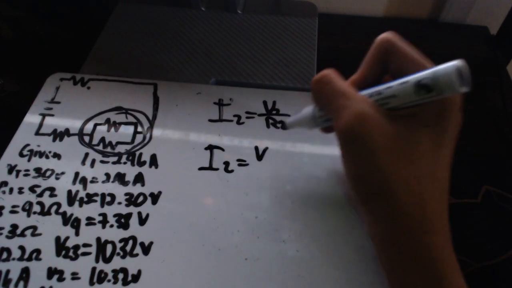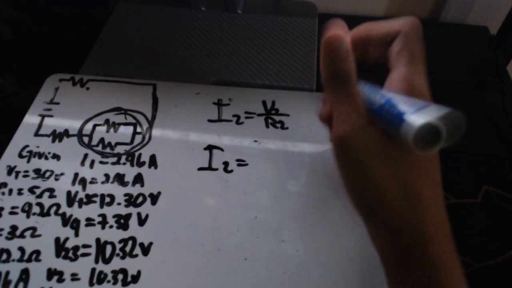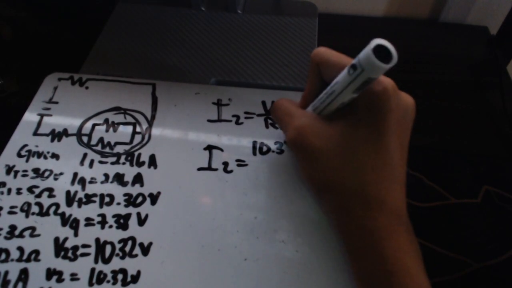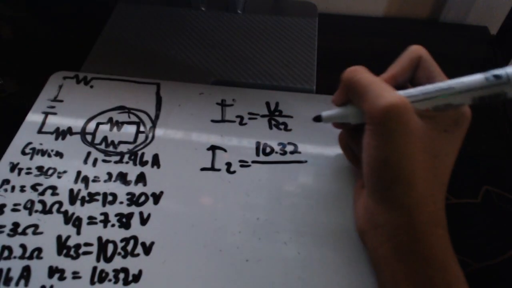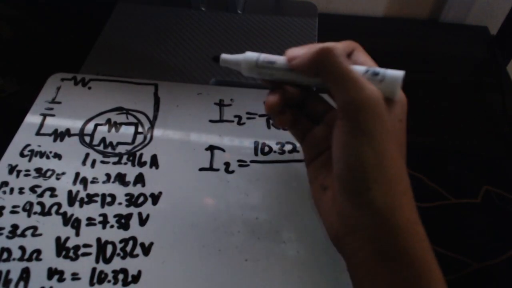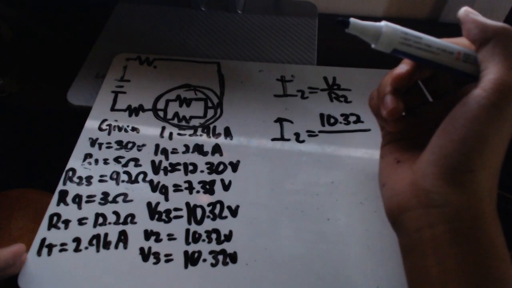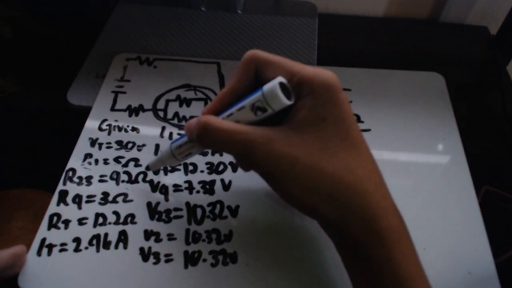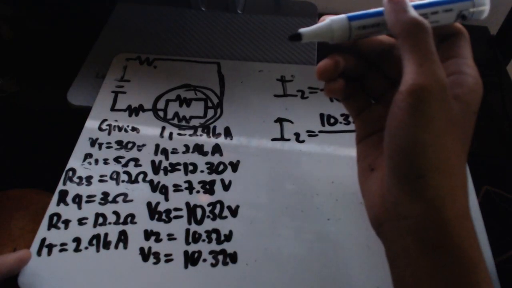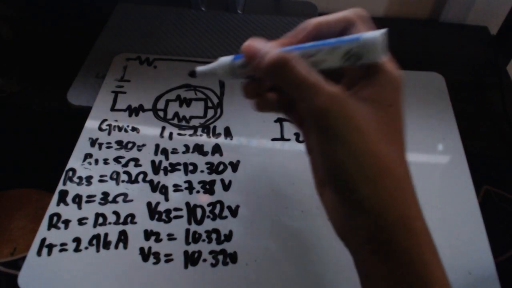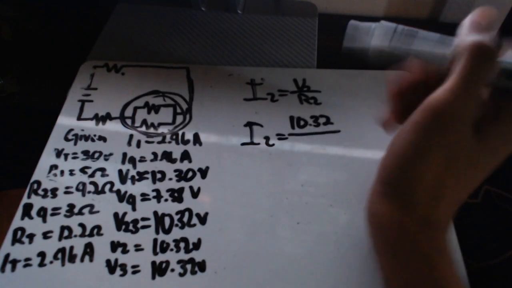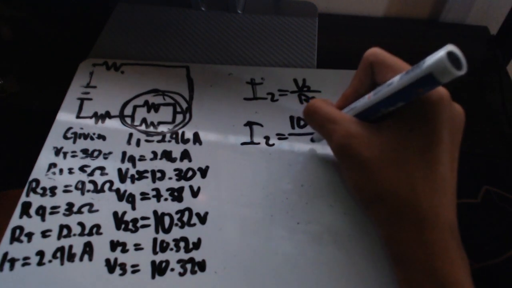The V2 is 10.32, the R2 is 4.2, but the given is 6, so therefore it's 6 ohms.